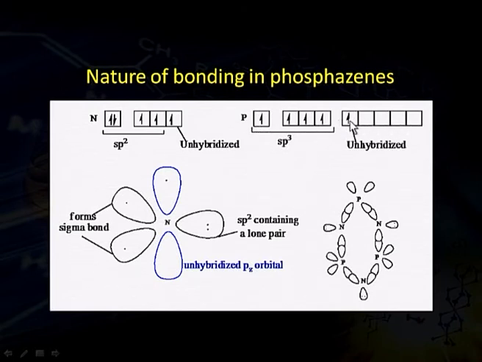So, the pi orbital is formed between the unhybridized orbital of phosphorus and the unhybridized orbital or electron of nitrogen. Bonding in cyclotriphosphazenes involves 2 types of pi bonding: out of plane heteromorphic pi bonding and in plane coordinate pi bonding.